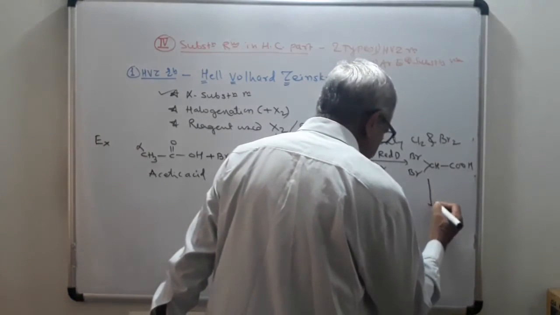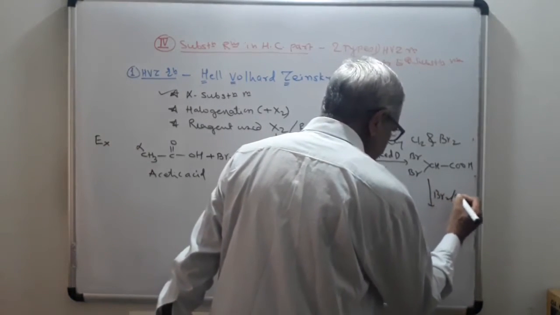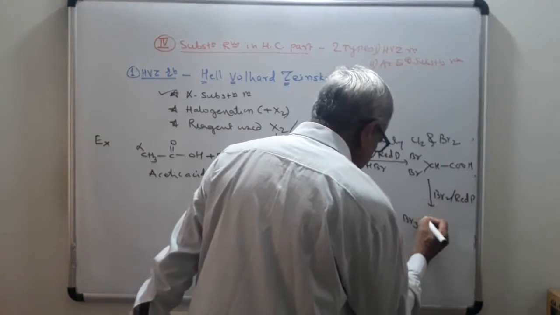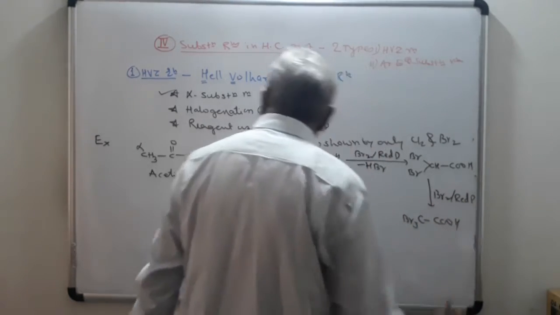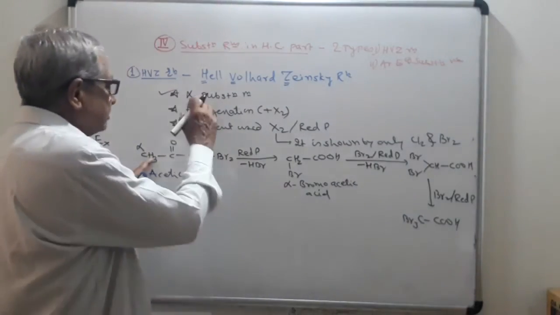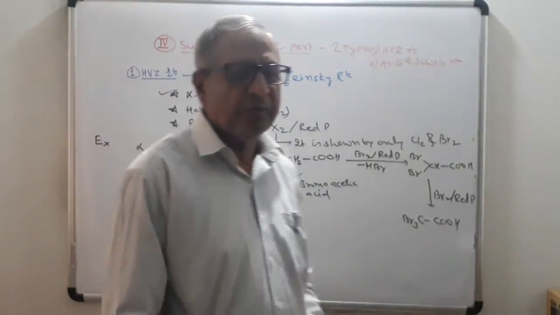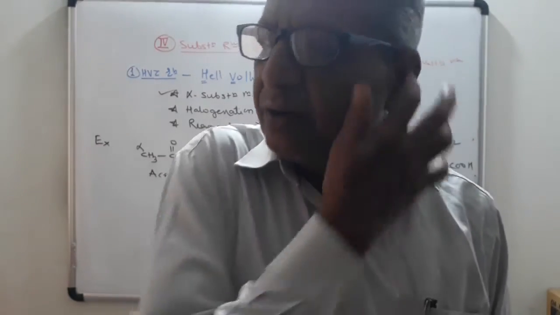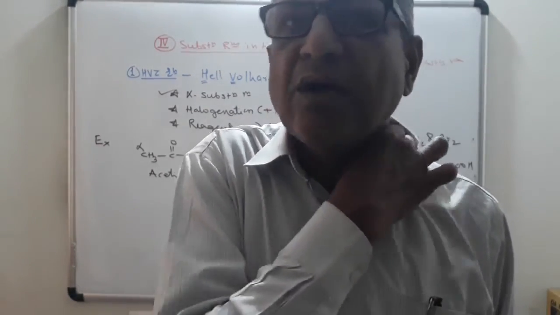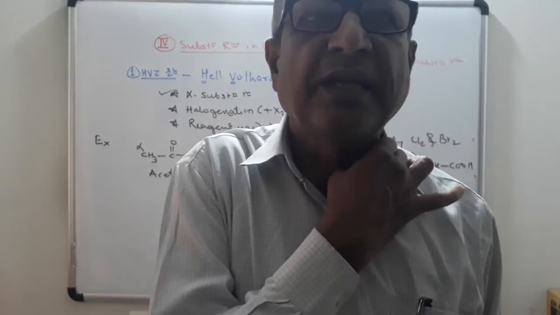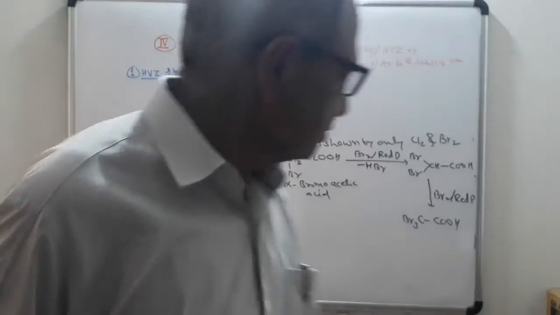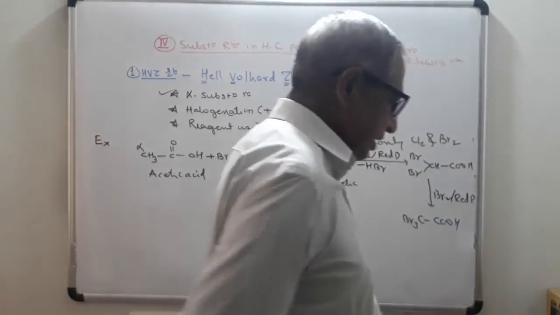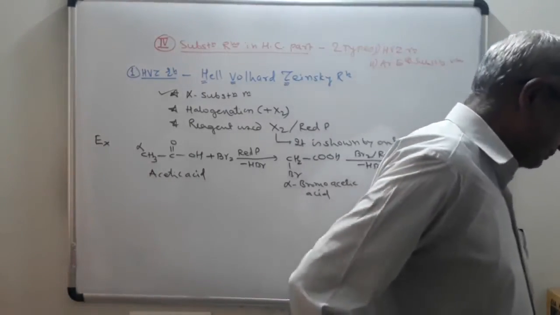Again it reacts with Br2 in presence of red phosphorus and you get CBr3COOH. See, all three hydrogen atoms are substituted by bromine. Further reaction will not be possible with Br2 and red phosphorus because there is no alpha hydrogen atom for substitution. So this reaction is known as HBZ reaction.